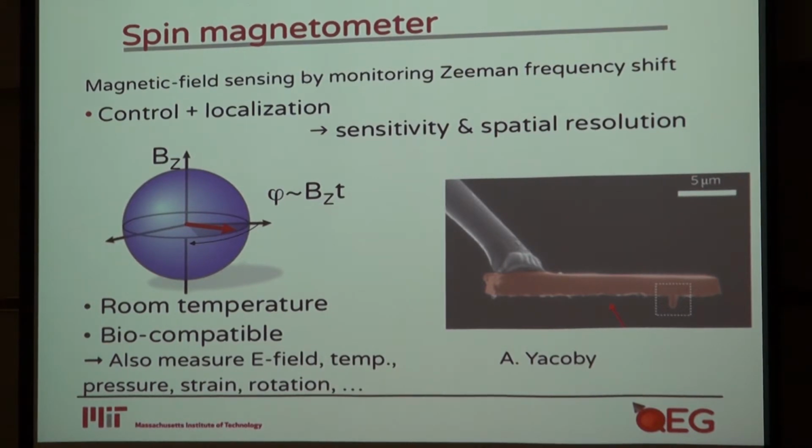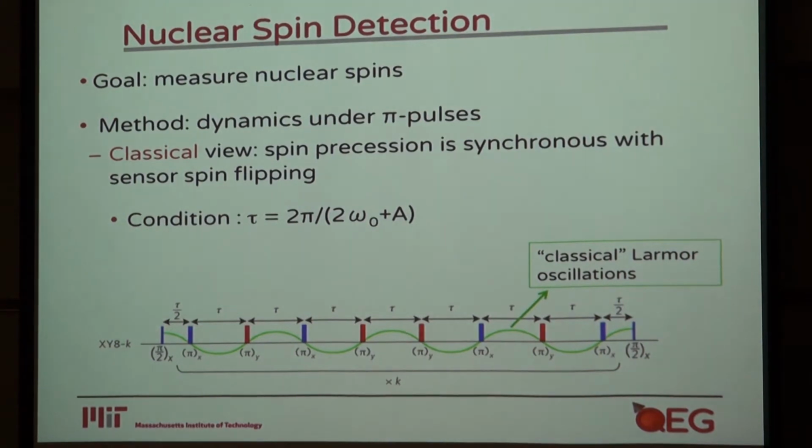presence of nuclear spin? So there have been a few different types of scheme proposed. So one is to just consider the nuclear spin as, if you want, a source of classical magnetic field, which is precessing because of the Larmor frequency of the nuclear spin itself.